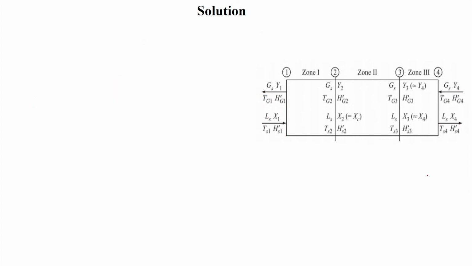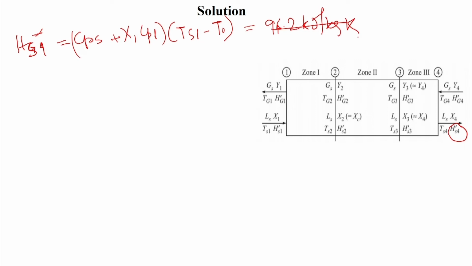For the solid, that is the drying solid coming out, the enthalpy value will be Cps plus x1 into Cpl into Ts1 minus T0.